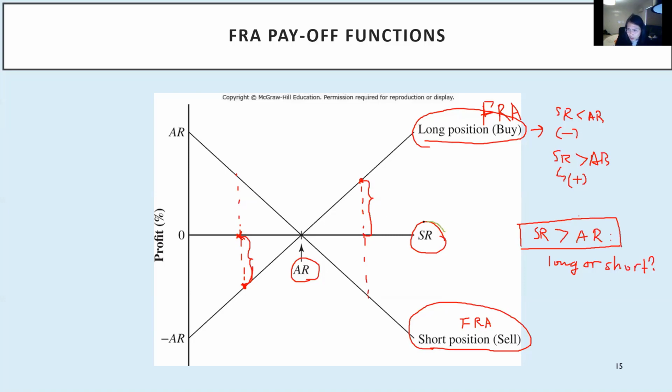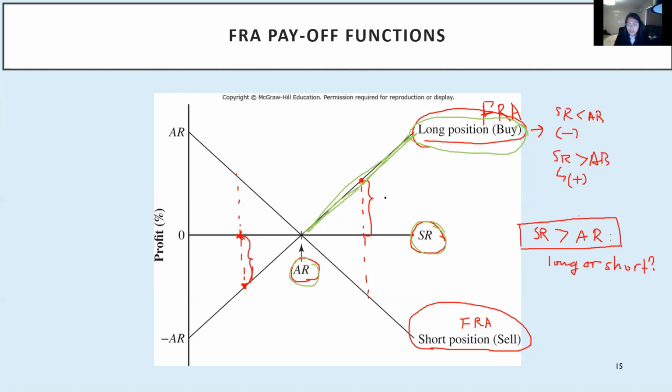So if I think that the future interest rate is going to be higher than the agreed rate, I want to be here, okay? I want to be along this line here. And so I want to be taking a long position in the FRA, okay? All right. Well done, guys.